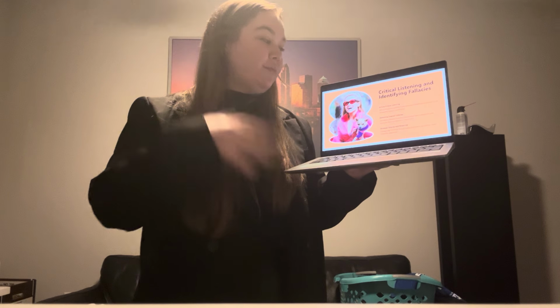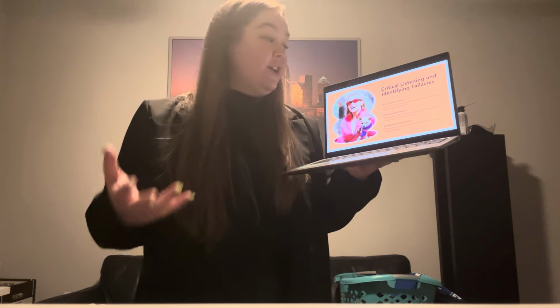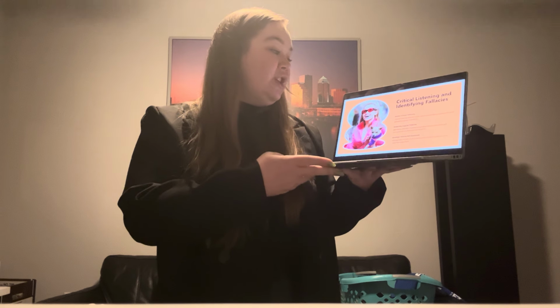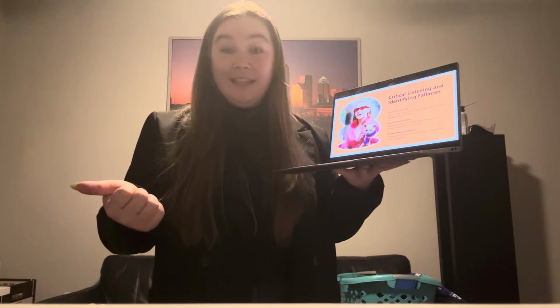So through this argument, we see Elle actively listening. She actively listens and really critically thinks through the argument that's being presented to think of her rebuttal. She is detecting logical fallacies. She is looking through his argument to find those flaws that she's able to call out in her rebuttal.